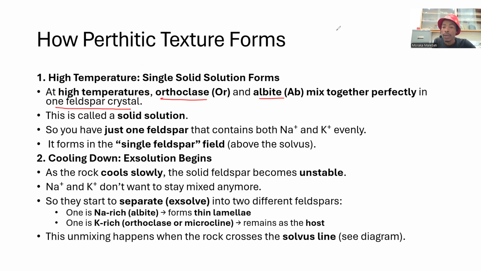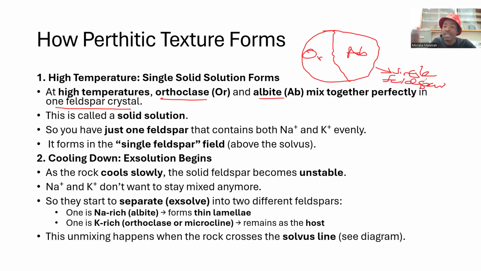I'm not saying it's half and half, but for example, you'll have orthoclase, K rich, and albite, which is sodium rich, but it's a single feldspar. At high temperature, you are allowing these to coexist together, like forcing them to occur together in one mineral phase, or in one feldspar. So this is called solid solution.